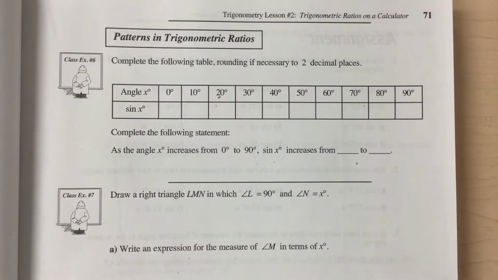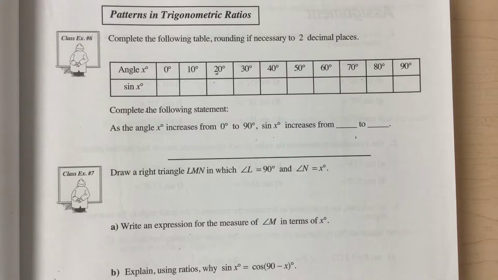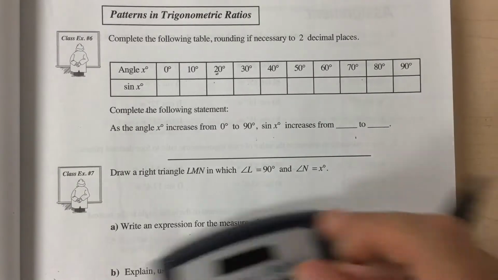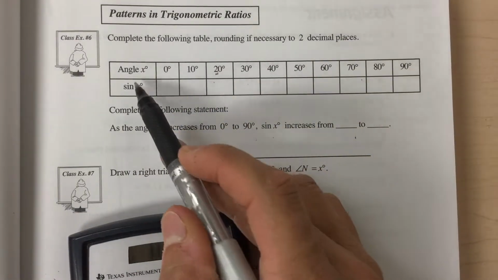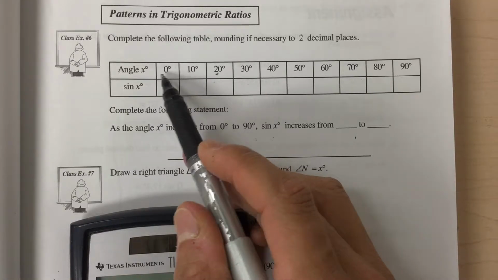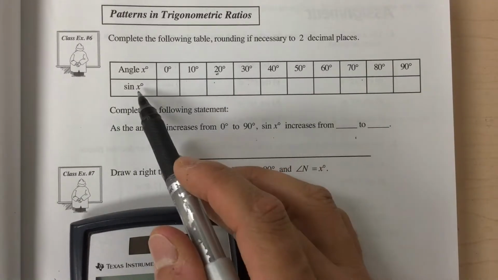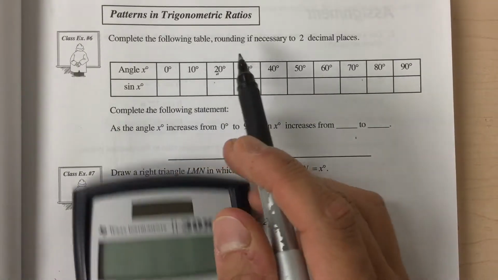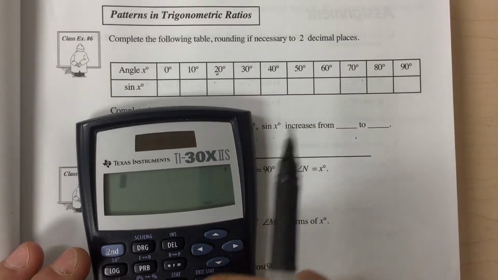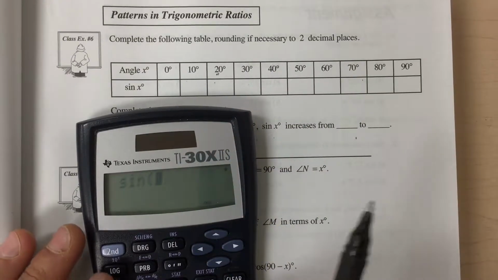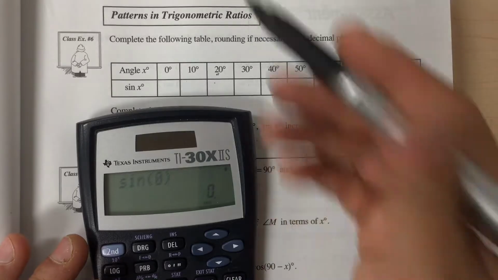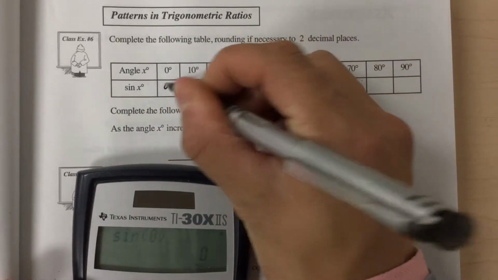Complete the following table, rounding if necessary to 2 decimal places. So I have all my angles, x moving from 0 to 90 degrees. Now if I find the sine of all of these values to 2 decimal places, sine of 0 we already know is going to be 0.